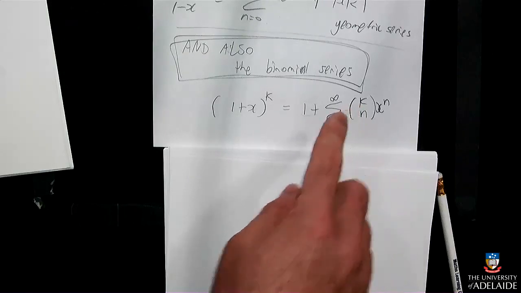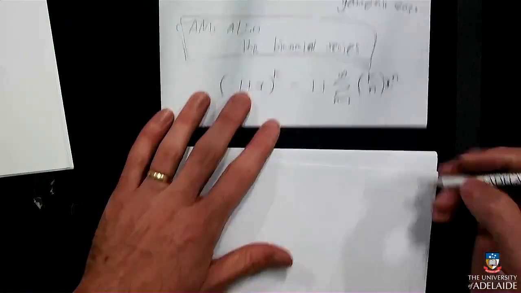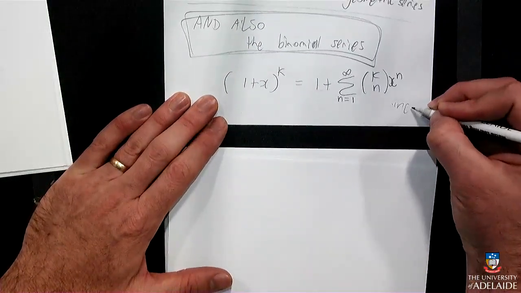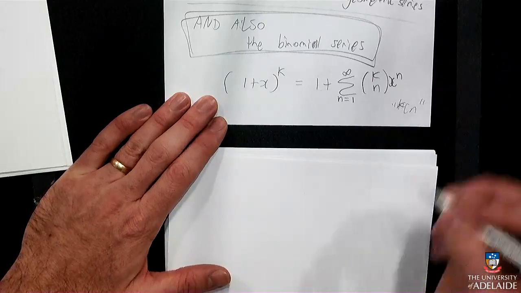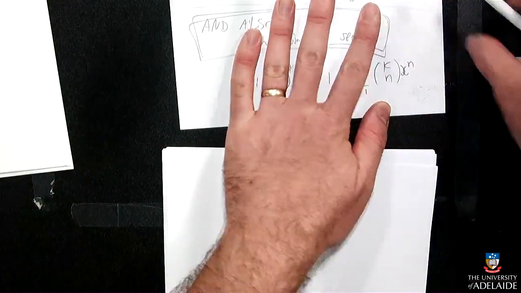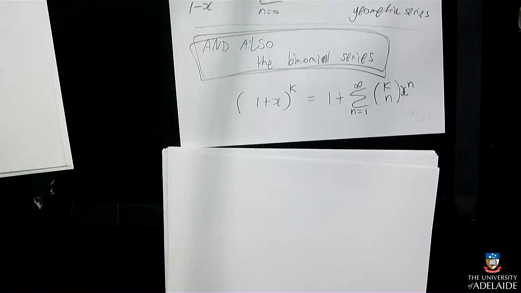Okay, so what it meant when you first saw it in Maths 1A, or elsewhere in the world, you've probably seen it as nCk or something like that. That's what a calculator calls it. What it meant back in those days was the number of ways to choose n things out of k things. That's what it used to mean.